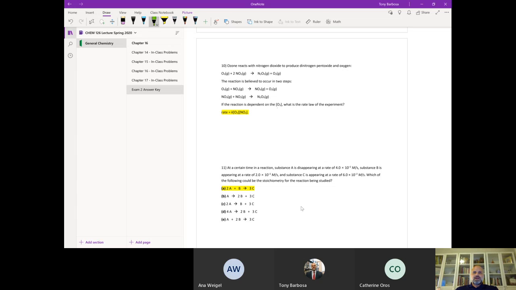If the reaction is dependent on ozone, that means it's going to be dependent on this reaction here, so you needed to take into account the reaction concentrations of both the ozone and the NO2. That was one problem where a lot of people forgot and left off the NO2 for some reason. I don't know if it was any of you or not. I don't remember.